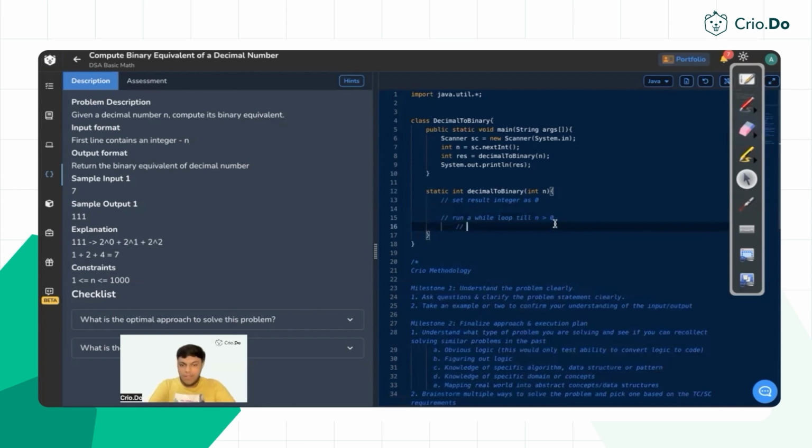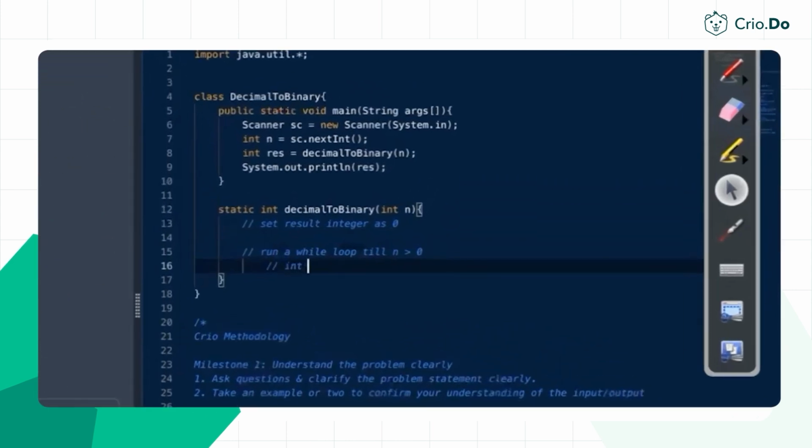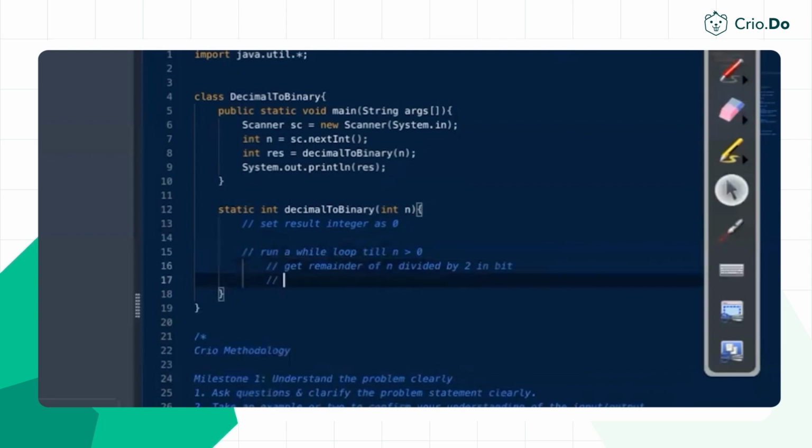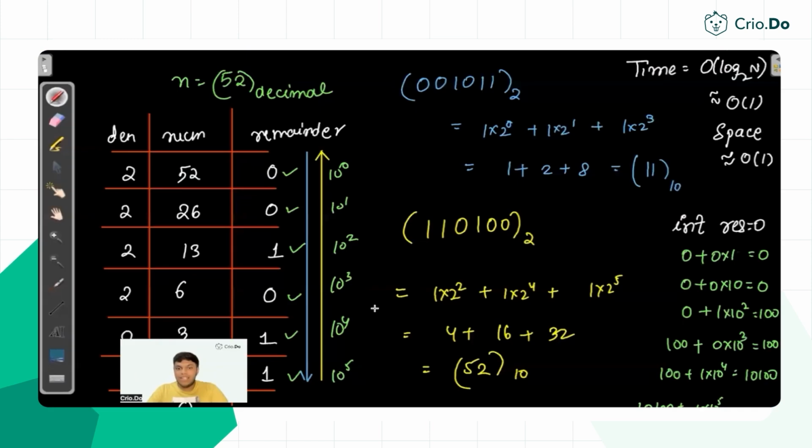So what we have to do is every time get the remainder of n modulus 2, that is, the remainder of n divided by 2, in a remainder variable, let's say a bit variable, because these are nothing but known as bits. What we will do with this bit is multiply it with a power number, or you can say place value number.